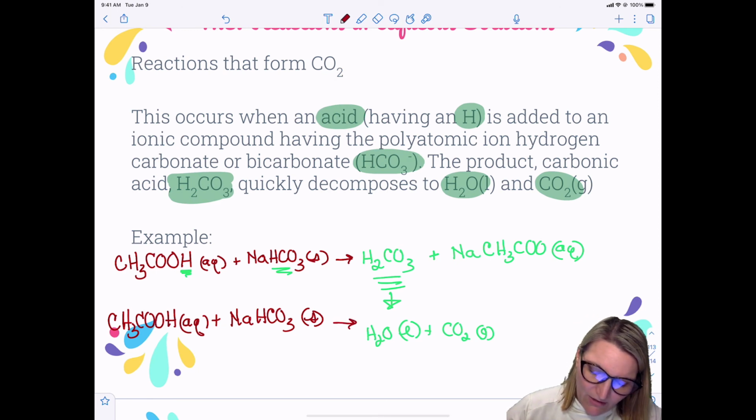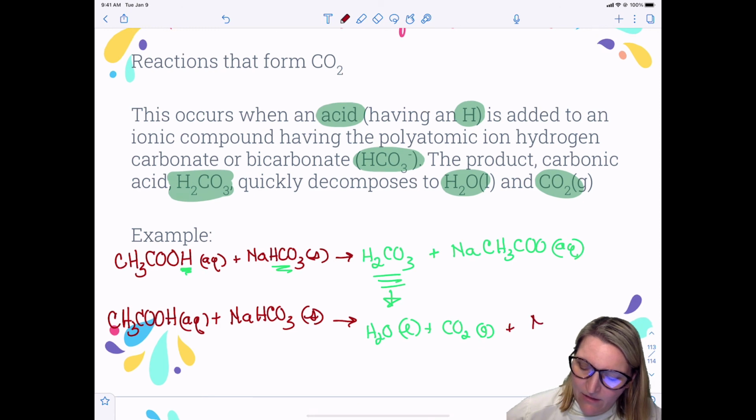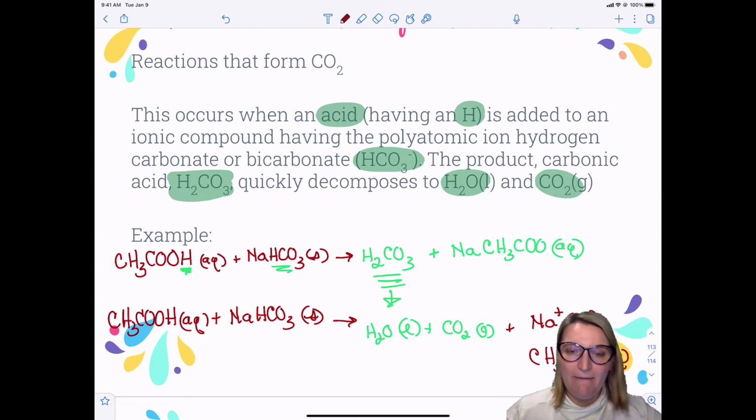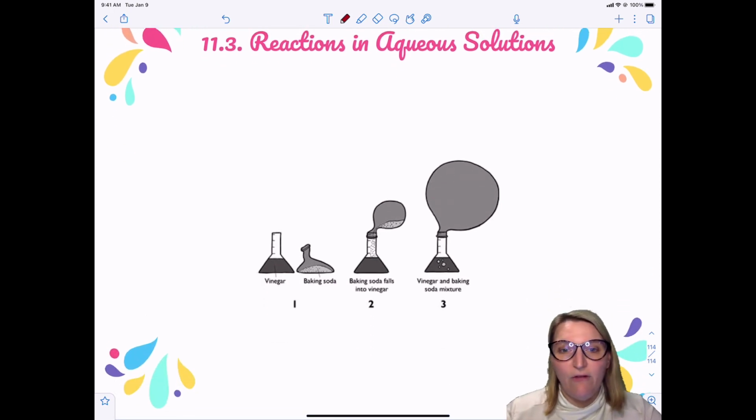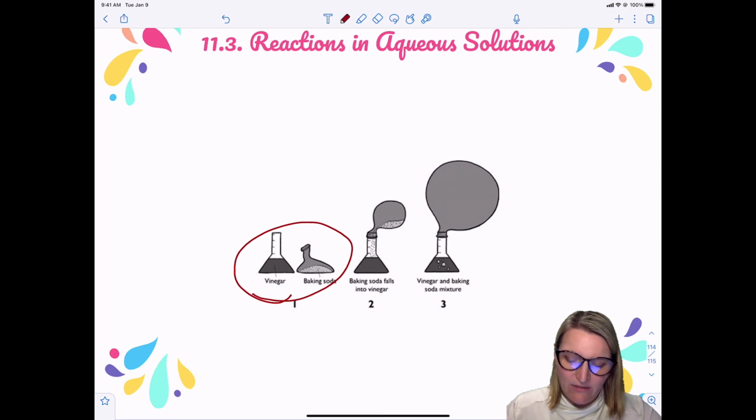These will form the liquid, and then the sodium is aqueous and the acetate is also aqueous. Okay, and this just shows you down here a graphic of what this would look like of the vinegar and the baking soda, and you mix them together and you actually get the carbon dioxide as a product, because remember that H2CO3 quickly decomposes into carbon dioxide and water.